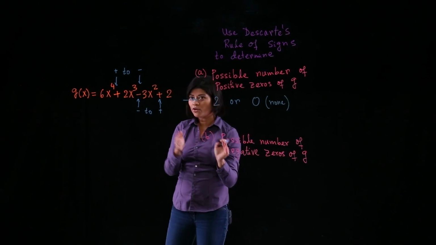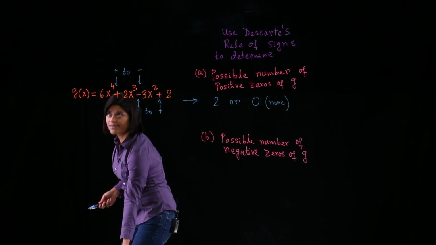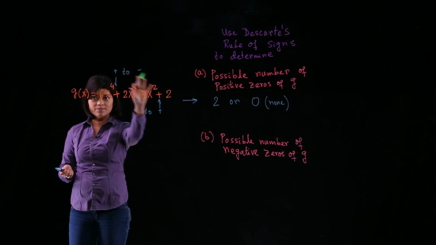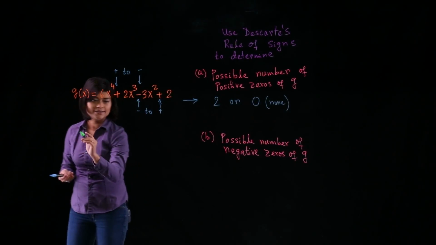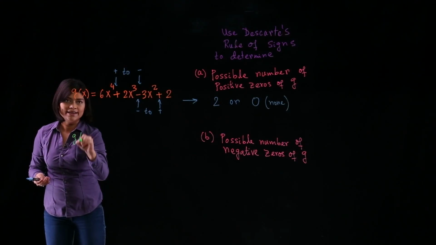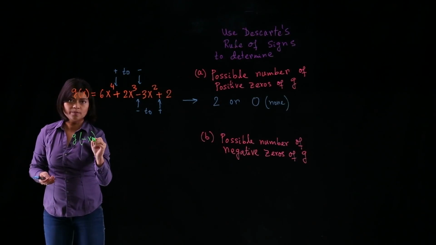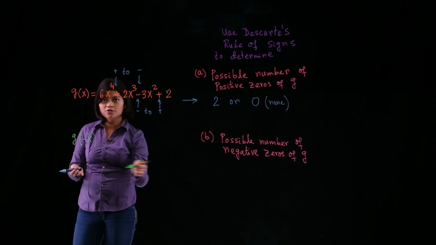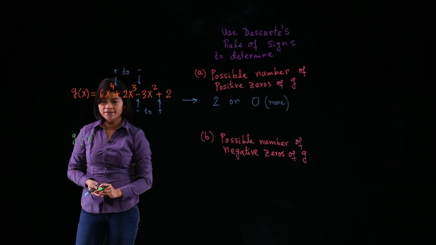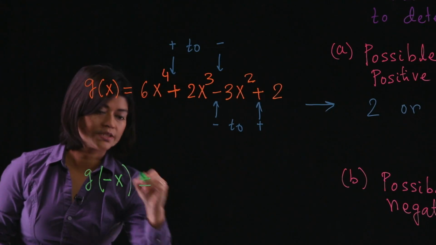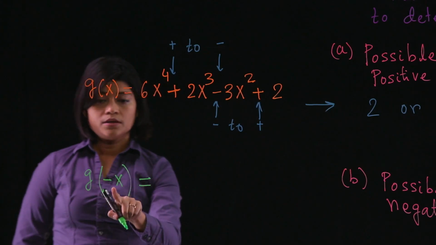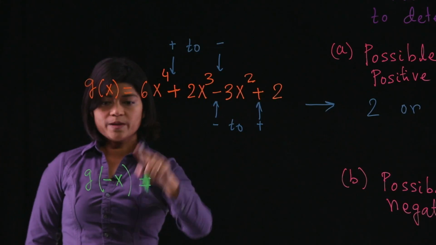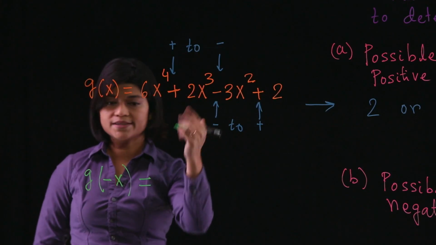In order to do that, all we have to do is use the same idea, but look at g of negative x. So plug in negative x wherever there is x, and then we will again look for variations in sign. So let's figure out what this expression will be. Okay, so here's the original function. You just plug in negative x wherever there is x.